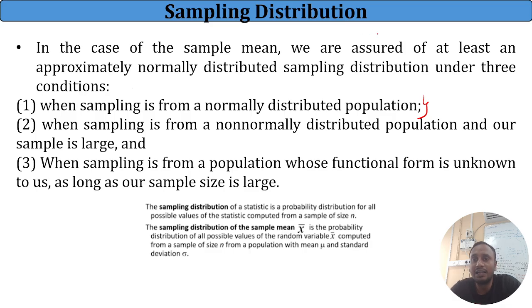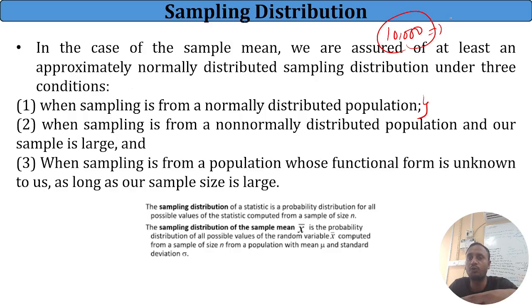When a sample is taken from a population that was already normally distributed, say 1,000 samples, we already know it is going to be a normal distribution.